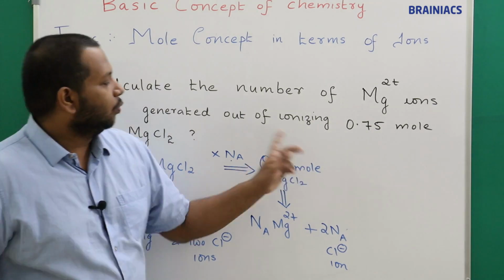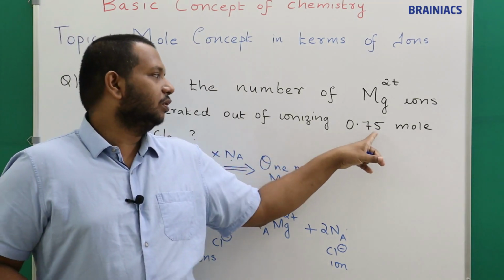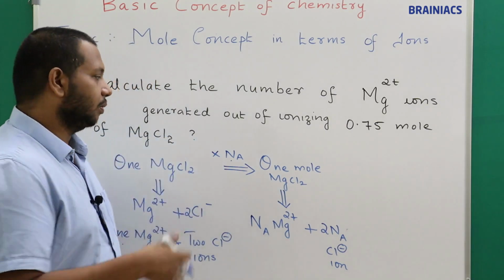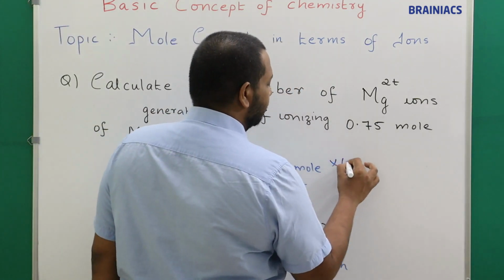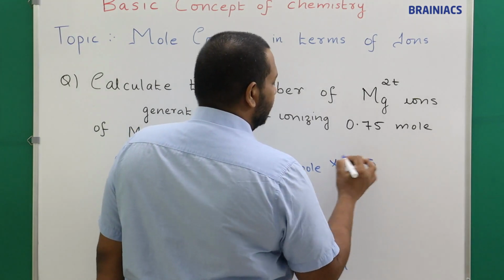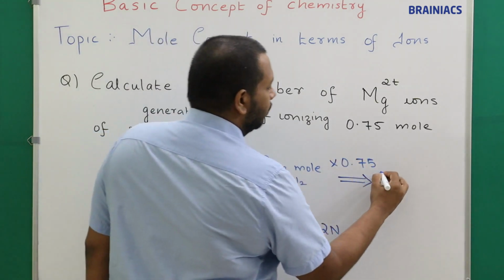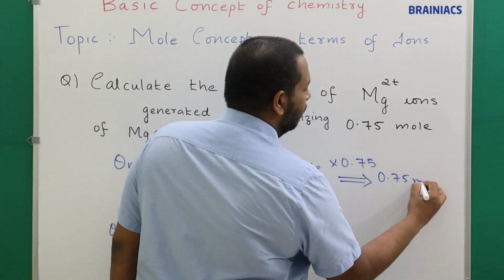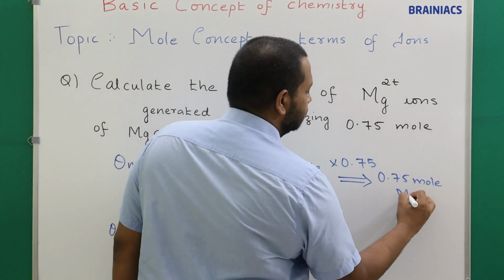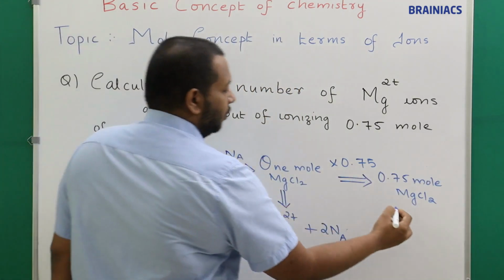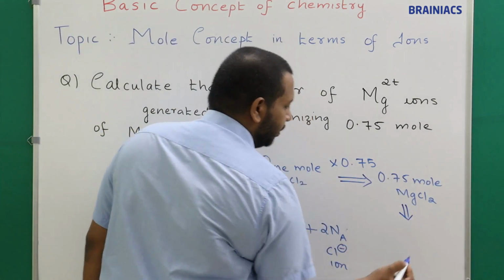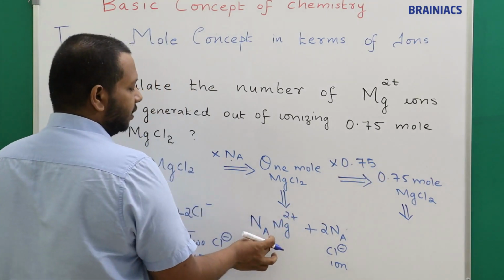I got it. Now it is converted to 1 mole. Now we want to convert that to how much mole? 0.75 mole. So multiply by what? 0.75. So multiplying by 0.75, this will become 0.75 mole MgCl2. What it will give? Tell me. 0.75. You should multiply with the NA.